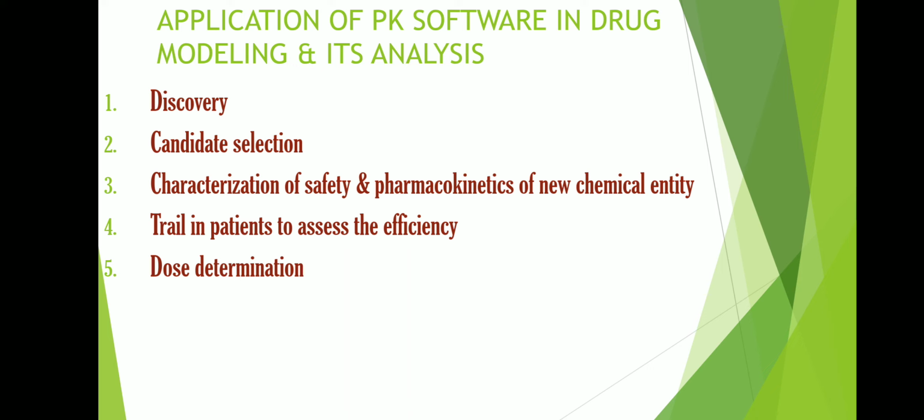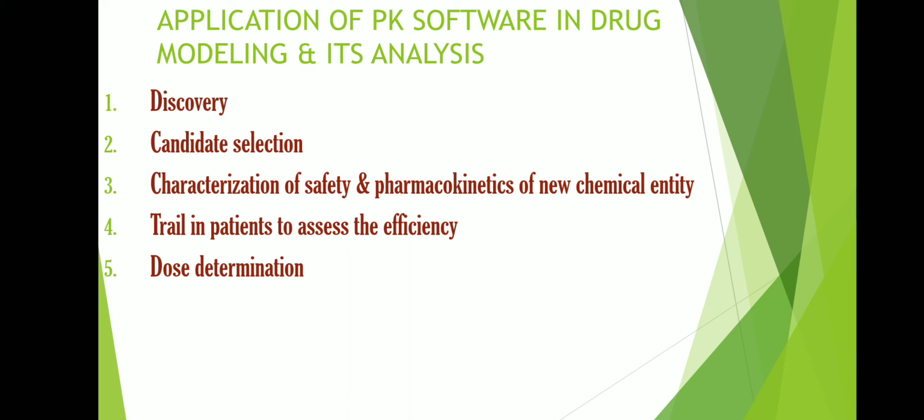They are helpful in the discovery of new medicine, then in candidate selection, that is, out of various drug molecules which one will be the best. That can be understood by knowing which drug molecule shows better pharmacokinetic results, that is absorption, distribution, metabolism, or interaction with our body.